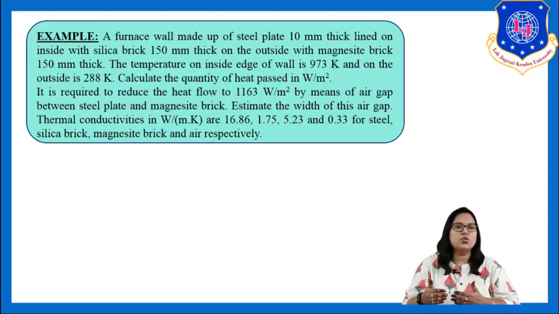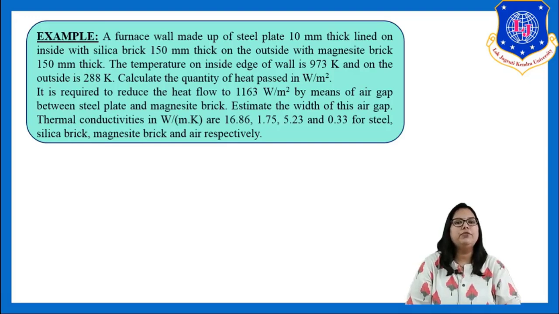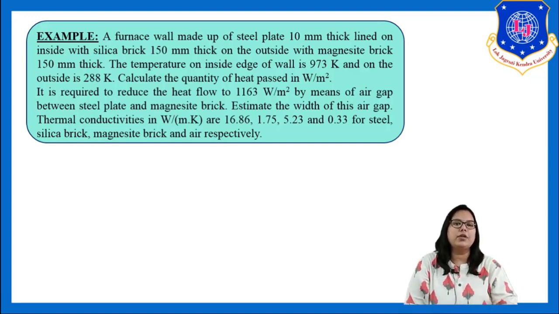While in case 2, we have to calculate the width, that is, the thickness of the air gap when the Q value is given. So it means we have to calculate thickness of one material when the Q value is given. And thermal conductivity of all the four materials were given. So let's see how to solve these.